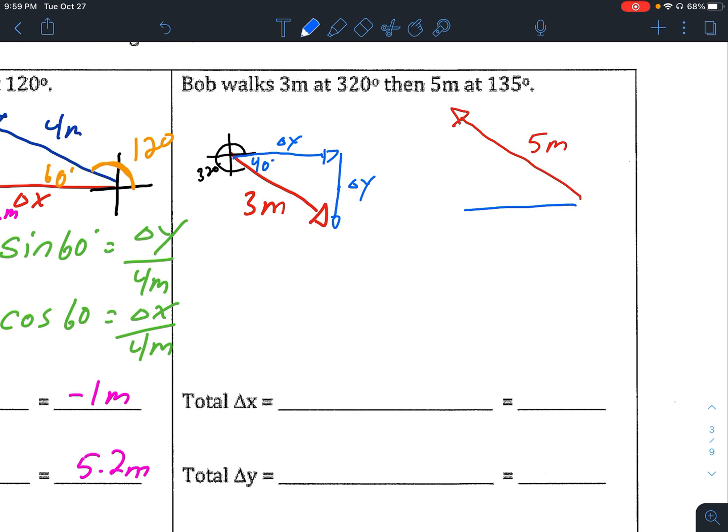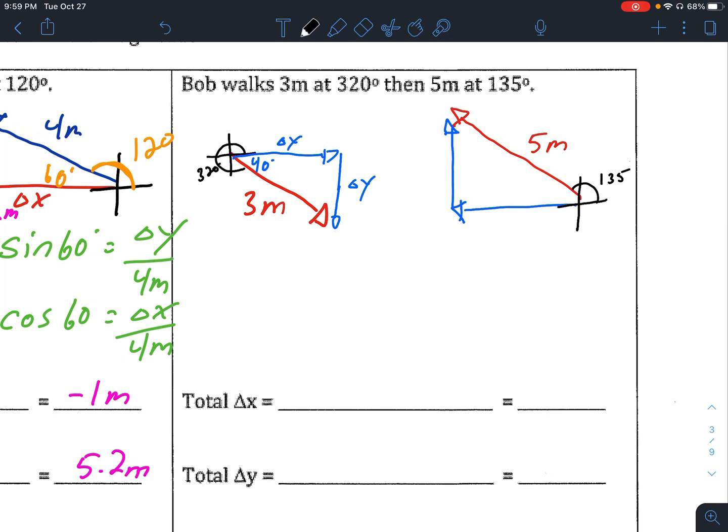Draw my components. Again, I'm going left. So that's going to be a little hint that there are going to be negatives involved, just like in my one that I drew down to the left. So this is my 135.